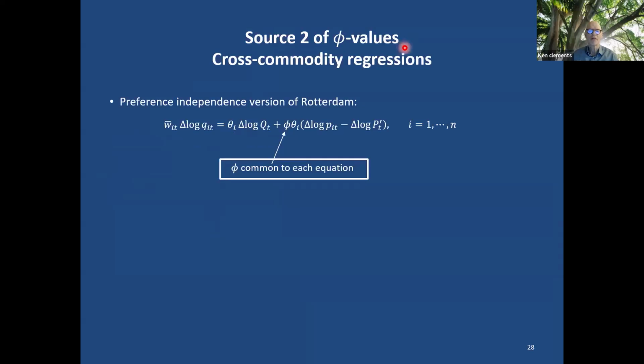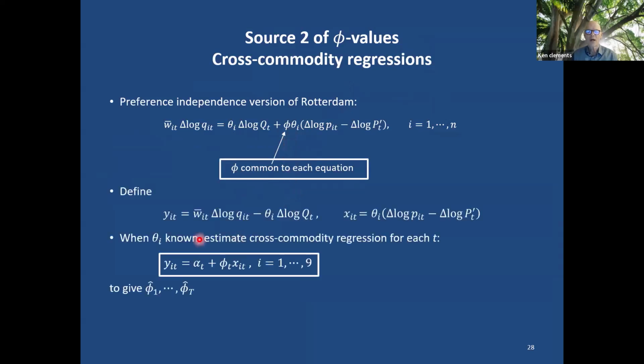Second source of phi estimates involves cross-commodity regressions rather than time series regressions. Because phi is common to all of the N equations in the Rotterdam model, it doesn't have an i subscript on it, we can do the following.